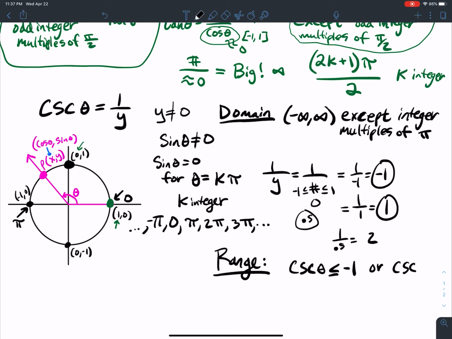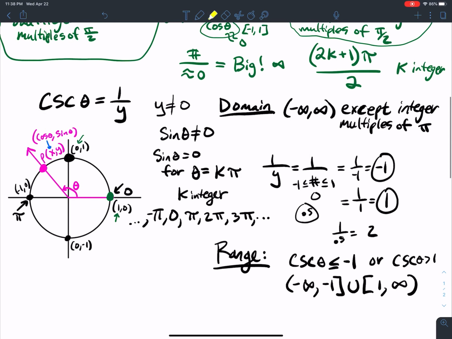Or the cosecant theta is greater than 1, okay? So what does this look like in interval notation? Negative infinity up to negative 1, union 1 to infinity. Okay, so that's the range there. All right. So you got your domain, you got your range for the cosecant.